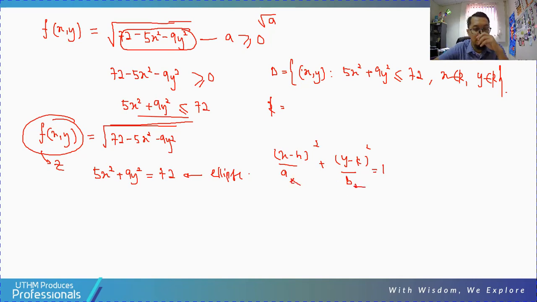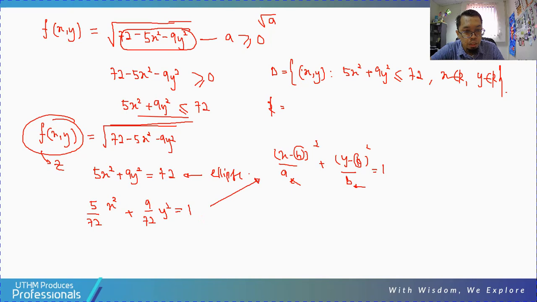Okay, h and k is the origin. So based on this, you can simplify it to equal 1. So this must be in the form of the basic equation of the ellipse, so you need to find the minor and major.